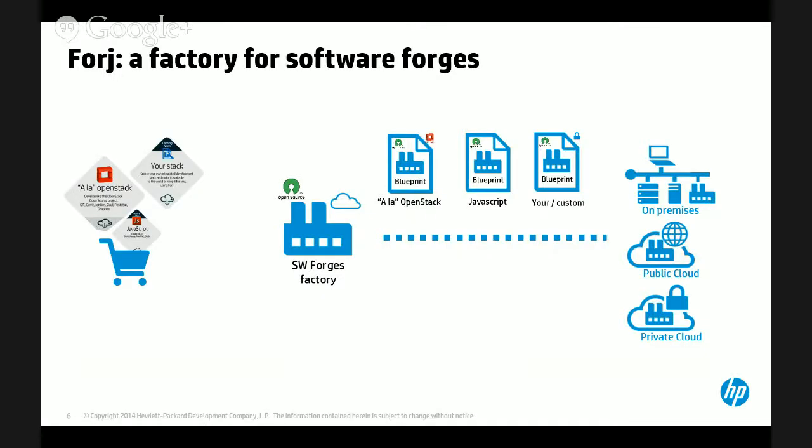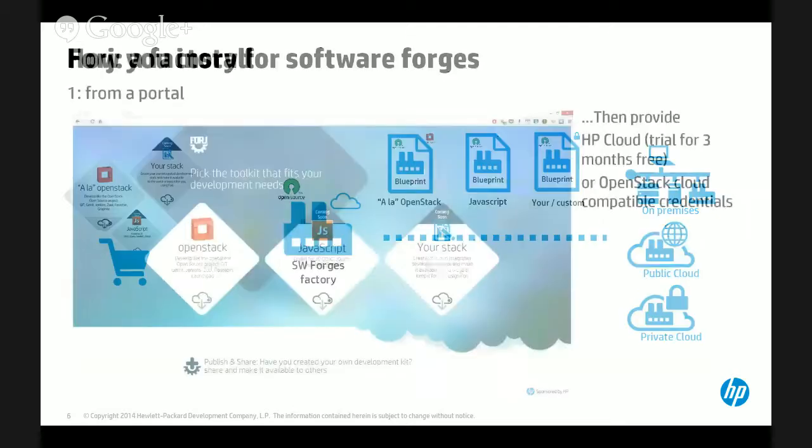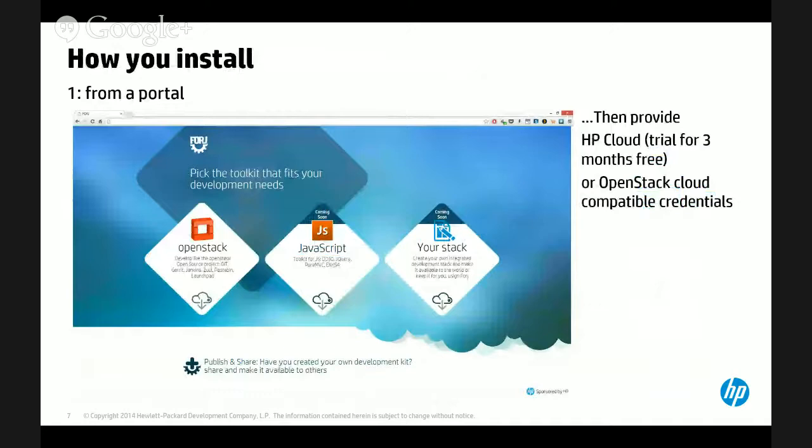It's all about making available end-to-end processes, continuous integration stacks and continuous delivery stacks that really work out of the box and that you can instantiate where you want. So it's a factory for software forges, quickly put.